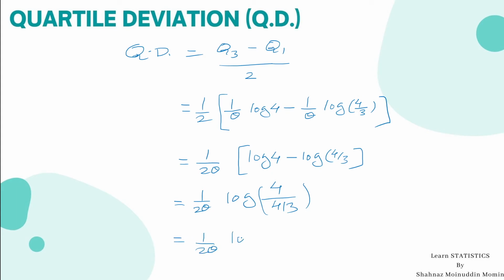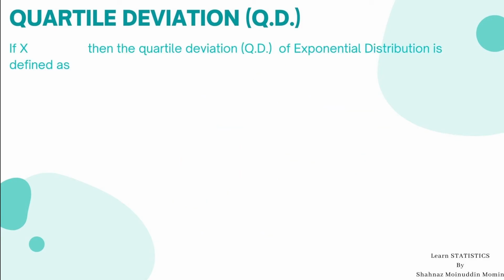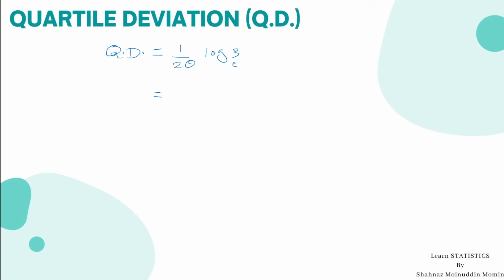1 by 2 theta log 3 to the base e. After simplifying, log 3 divided by 2, we get 0.5493 divided by theta.